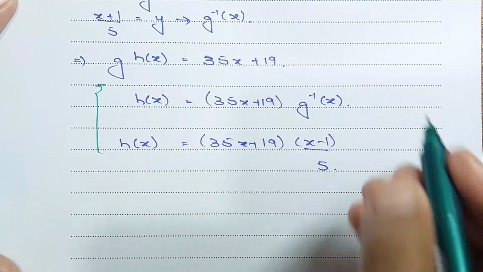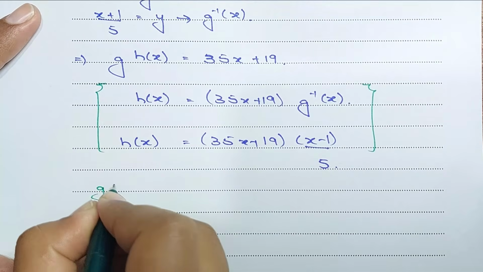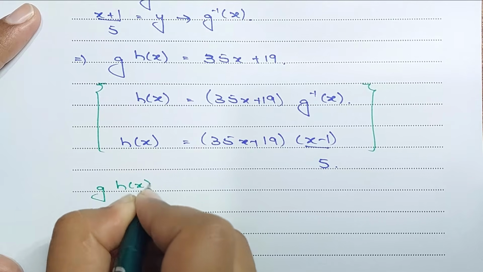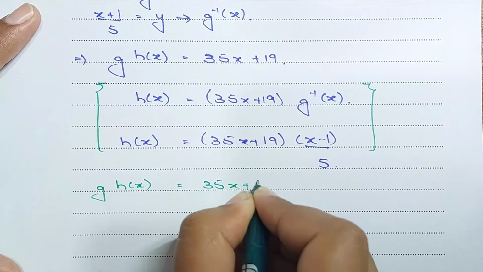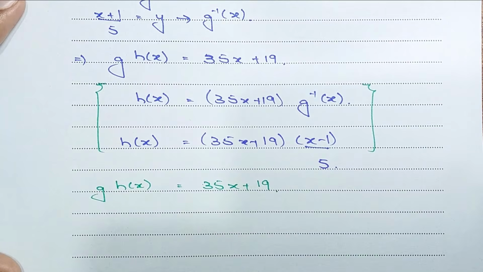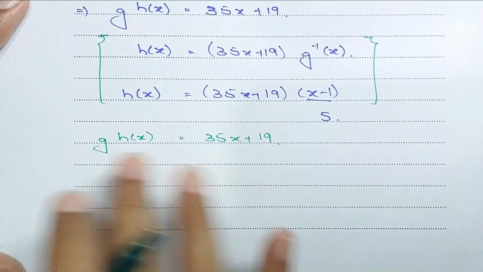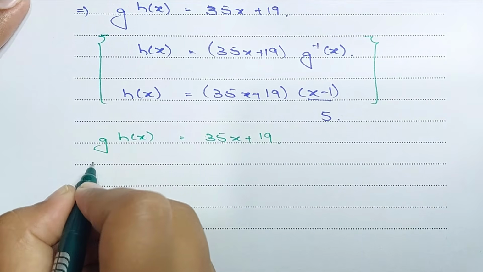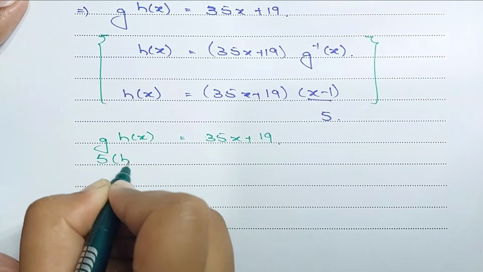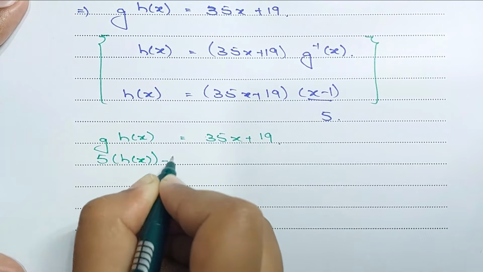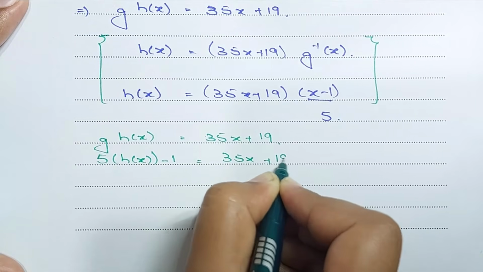Okay, so gh of x is equal to 35x plus 19. We are given g of x is 5x minus 1. Now g of x is replaced with h of x, so g of h of x is 5h of x minus 1, and this is 35x plus 19.